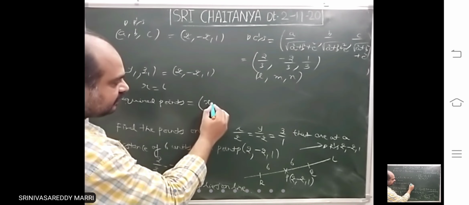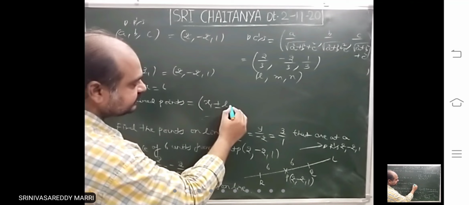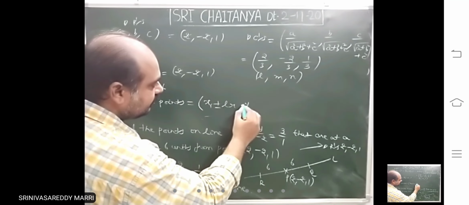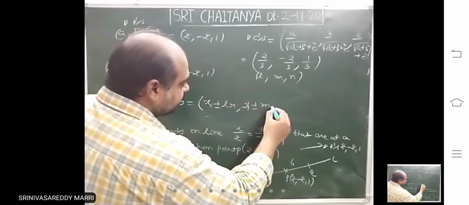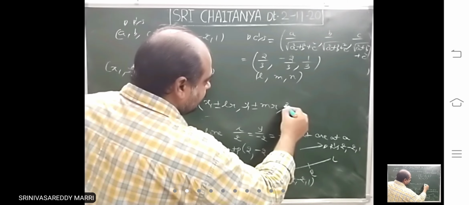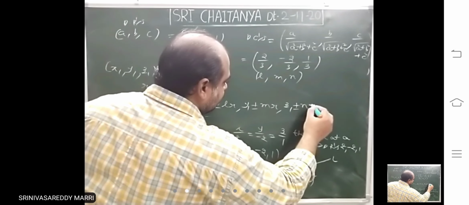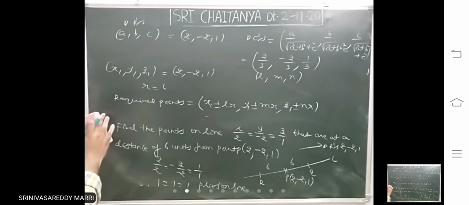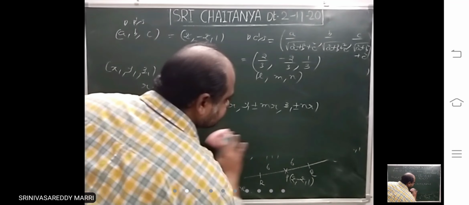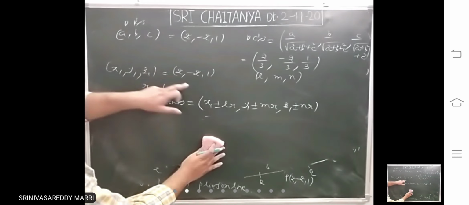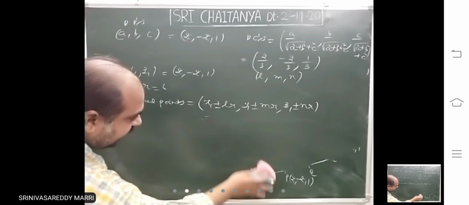What is the formula? X1 plus or minus L R, Y1 plus or minus M R, Z1 plus or minus N R. You can make use of the rule. That's why I have calculated DCs. By mistake, don't take A, B, C and substitute in place of L, M, N.